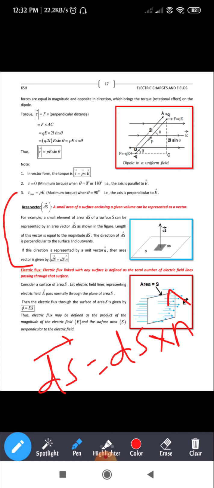Area vector is denoted by ds vector, which equals ds, the magnitude of that small element you have taken, into n cap, which says about the direction. The direction of the area vector will always be perpendicular to the surface whichever you take. You keep this surface in whichever direction, upward, downward, towards left, towards right, the direction of that area vector will always be perpendicular to the surface.